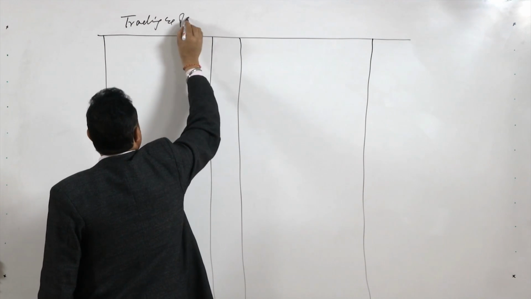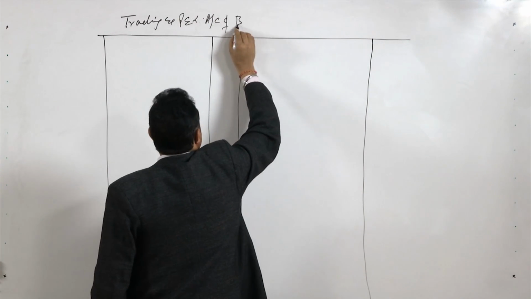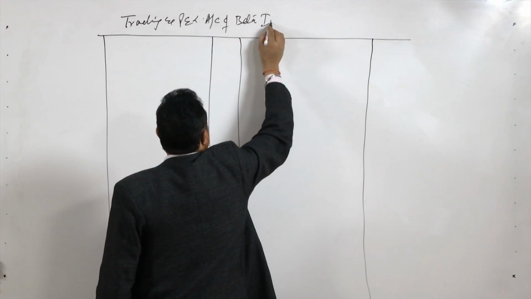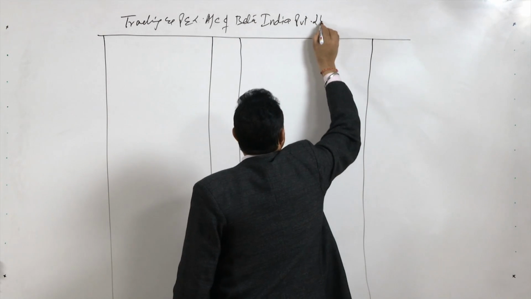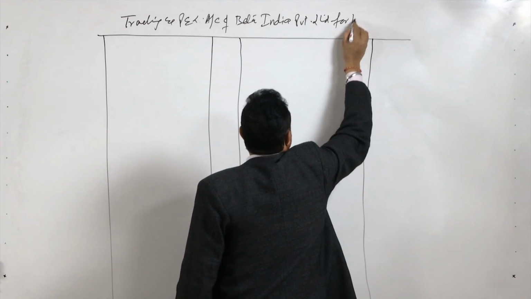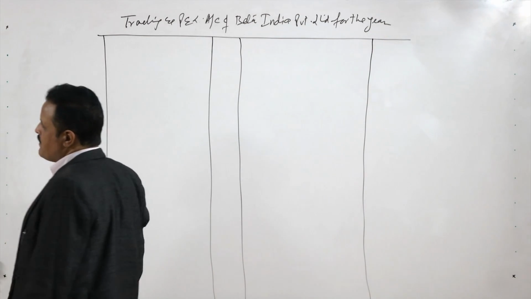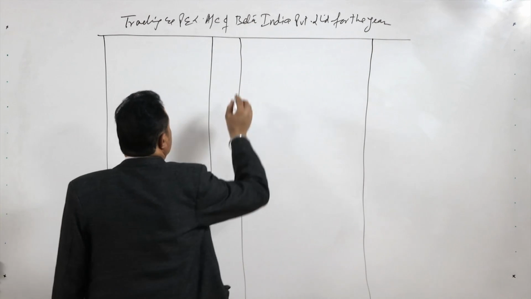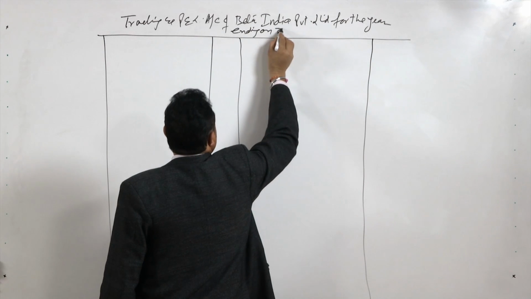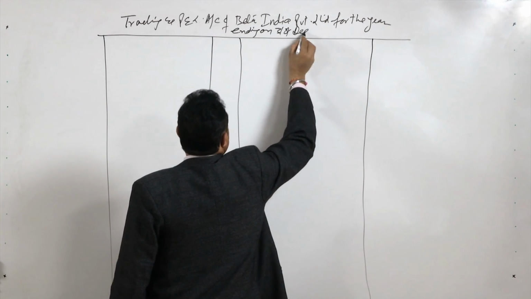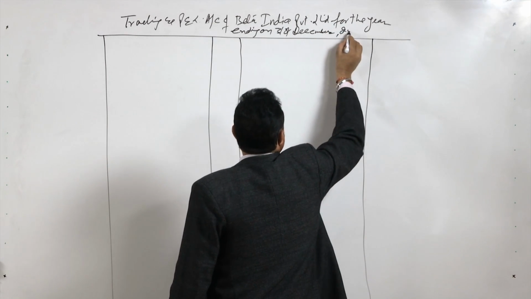So, it is trading and profit and loss account of Beta India Private Limited for the year ending on 31st December 2011.